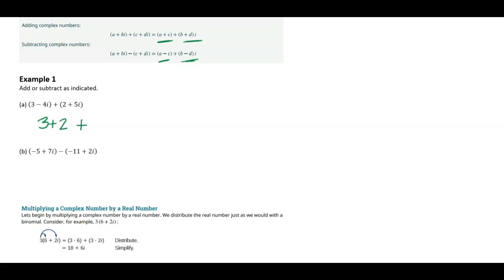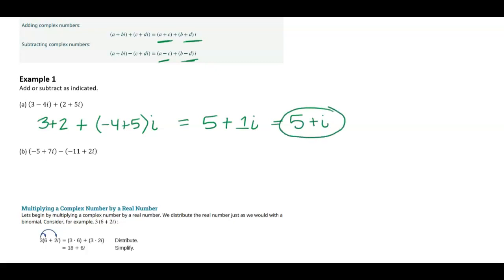And then I would add to that the imaginary components with i. That gives me then 5 plus 1i. Most of the time we don't write the 1, just like we wouldn't with variables, so you could write this as 5 plus i.